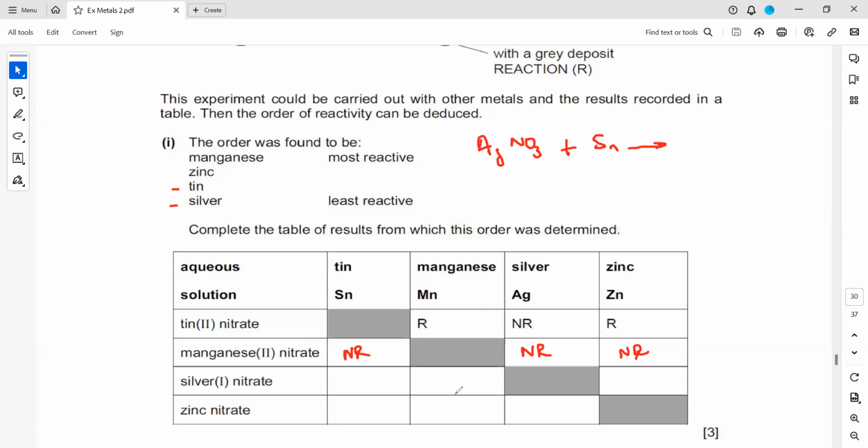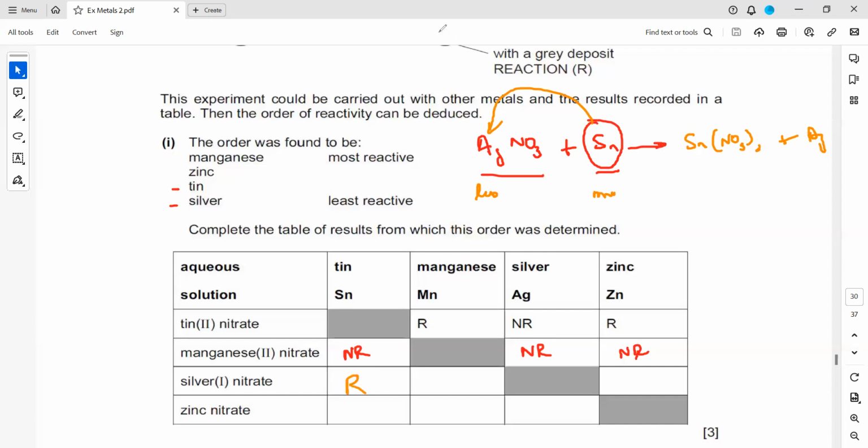Because tin is more reactive, the more reactive will displace the less reactive. So silver is the less reactive and tin is more reactive, so it will displace. And when it displaces, it will form tin nitrate, and it will form silver metal. So yes, the reaction will happen.